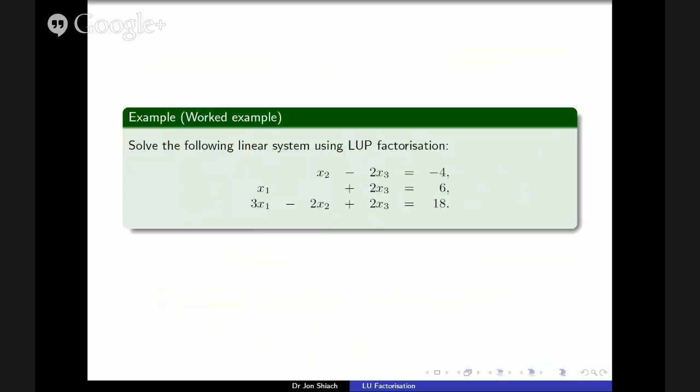So that's my y vector, just solved using forward substitution. Once you've got that, standard is to solve Ux equals y using back substitution. The U matrix was calculated before.